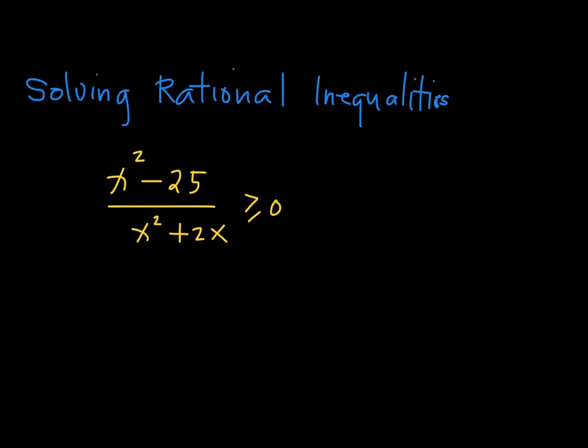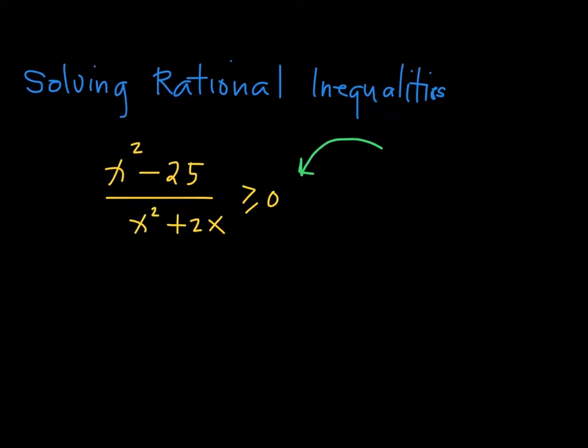Okay, another thing, when you solve rational inequalities, the first thing you have to check is whether one of the sides, normally the right side, is already 0. If the other side is not yet equal to 0, then you have to transpose the value so that the other side will be equal to 0.